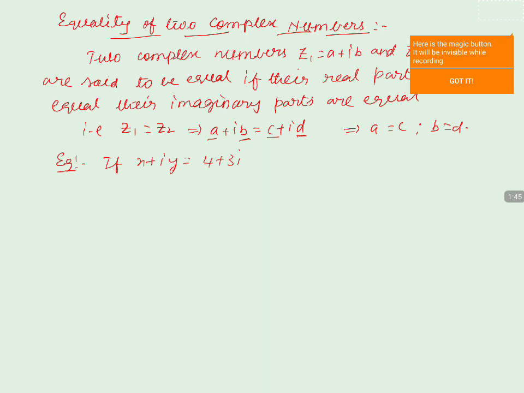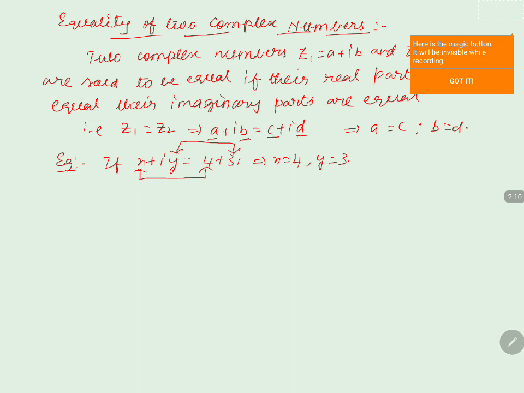The real part in the LHS is x, and the real part in the RHS is 4. So we can compare the real parts on both sides, and we get x is equal to 4. Then we'll take the imaginary part. The imaginary part in the left hand side is y, whereas the imaginary part in the right hand side is 3. Then we'll write y is equal to 3.